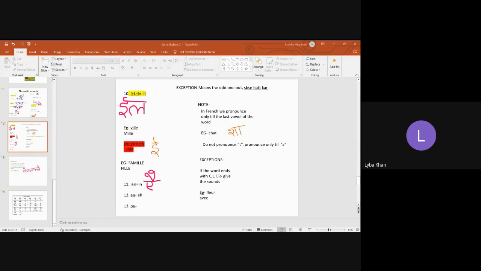So, Mithil, what would be the normal sound of ILL? Ill. And Liba, the exception sound of ILL? Just I. That would be E. Right. Because I is being pronounced as E in French.